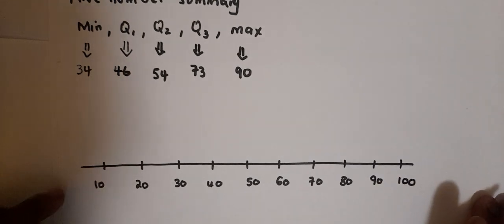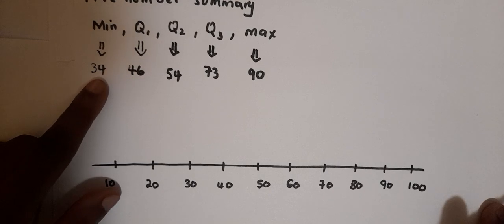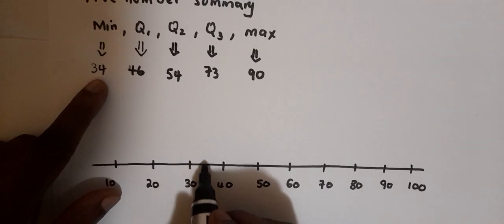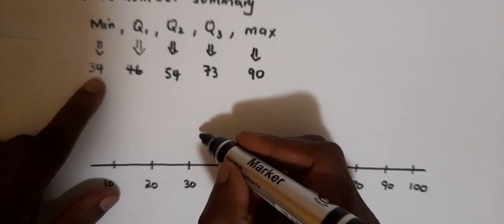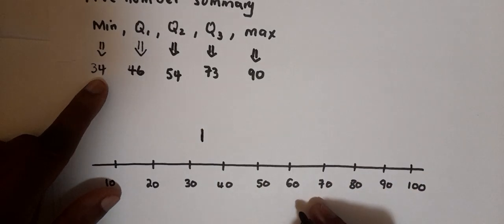So from my scale, all I need to do is plot these numbers. I see the minimum is 34, so I expect 34 to be somewhere here. Then I'll plot this, which would be my whisker.